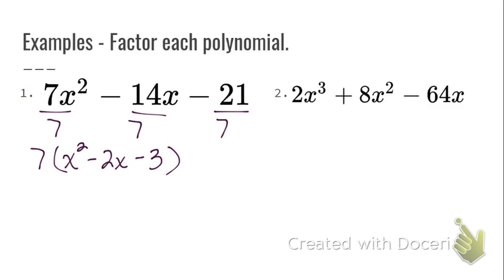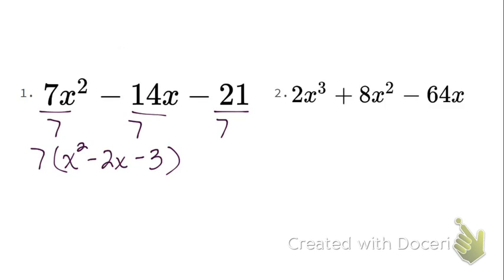We are then trying to factor with the X method what is inside of those parentheses. So I'm trying to multiply to -3, but add up to -2. Multiply to -3, add to -2. So when we try to multiply to a negative number, we need to have different signs.